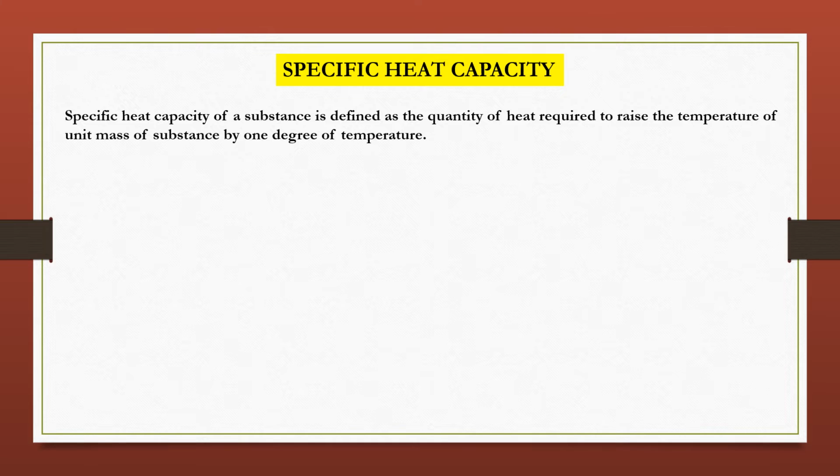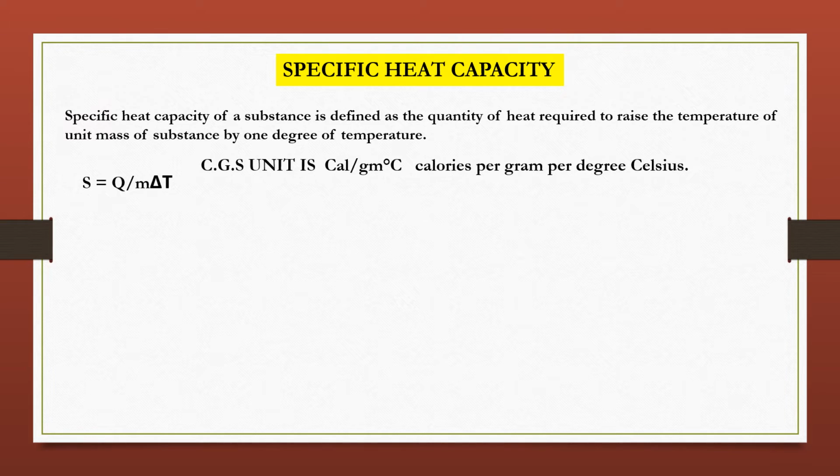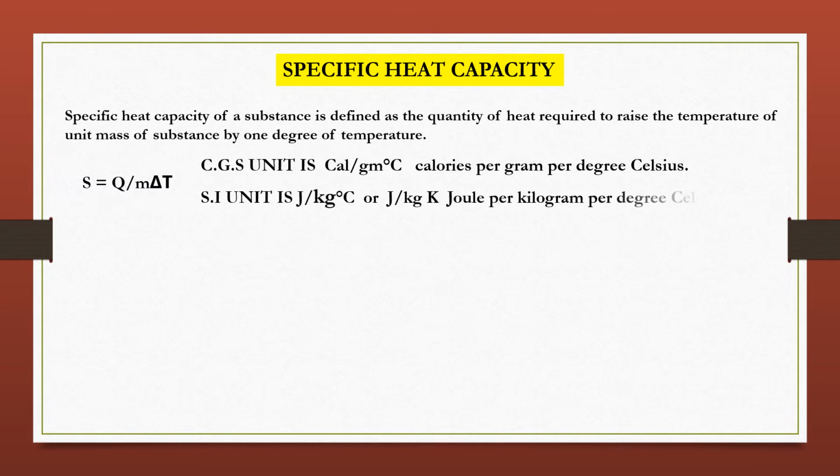The formula of specific heat is S is equal to Q by m delta T. CGS unit is calorie per gram per degree Celsius and SI unit is joule per kg per degree Celsius or joule per kg per Kelvin. Why? Because 1 degree Celsius is equal to 1 Kelvin in magnitude.